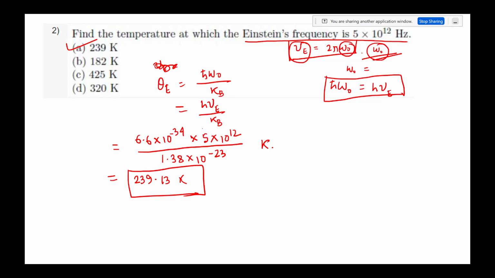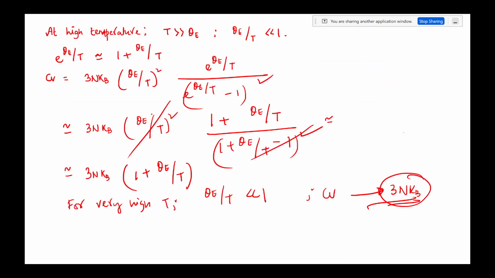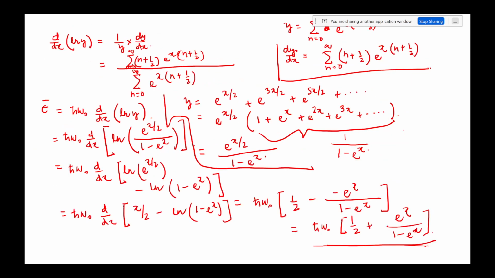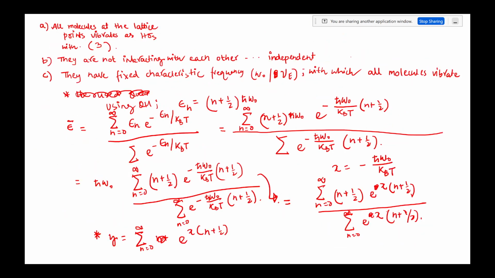So let me write this: kB is the Boltzmann constant, and the Einstein frequency. Let me write here also: omega naught is equal to 2 pi nu.